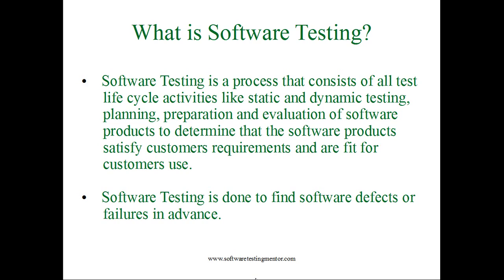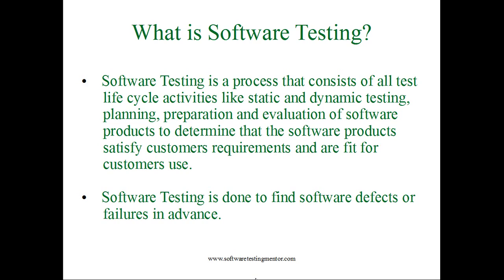Then software testing is done to find software defects or failures in advance. This is the other part of software testing. The first thing is that software testing is not a standalone activity, it's a process which consists of all life cycle activities.